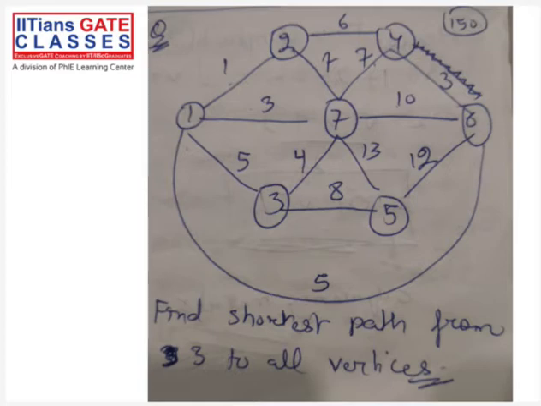I'll give you one more minute to complete. Everyone, try to find the right path. You have to find two things: one is the path from your source to any of the vertices, and second is the weight of that path. Both things have to be found.